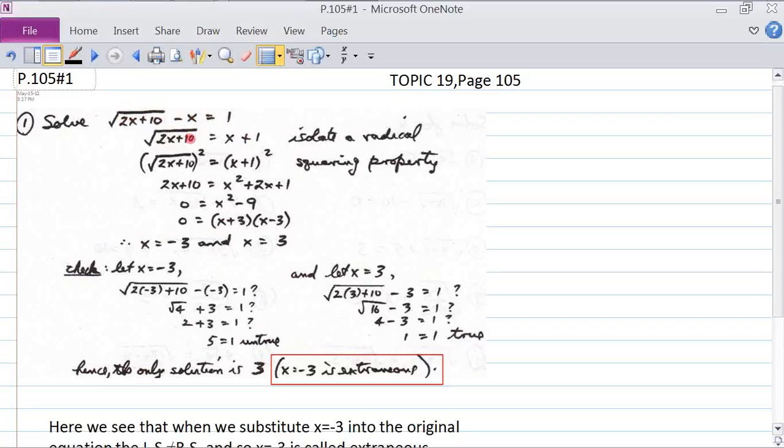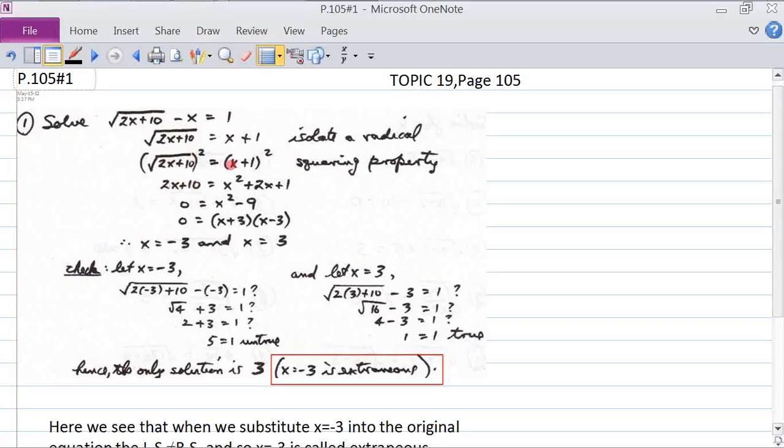So what we do is we isolate the radical sign and then use the squaring property. So we don't square first. We isolate the radical. In this case, the radical contains the unknown. We transpose the minus x from the left to the right, and now we're going to square both sides. So we have the root of 2x plus 10 all squared, which works out to 2x plus 10.